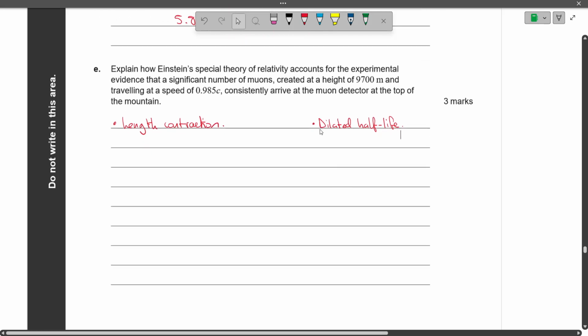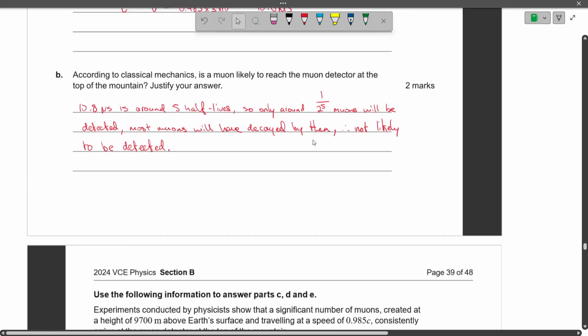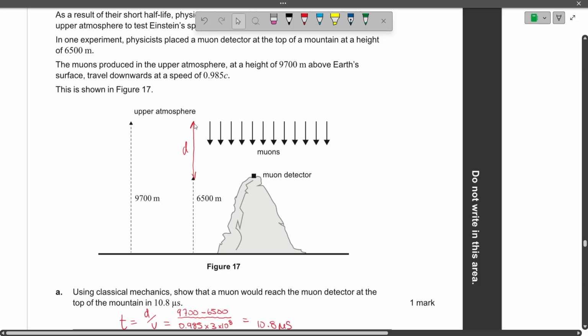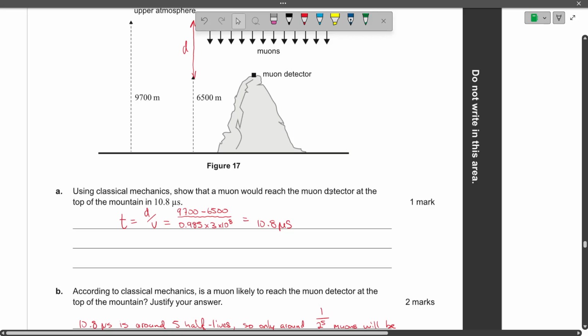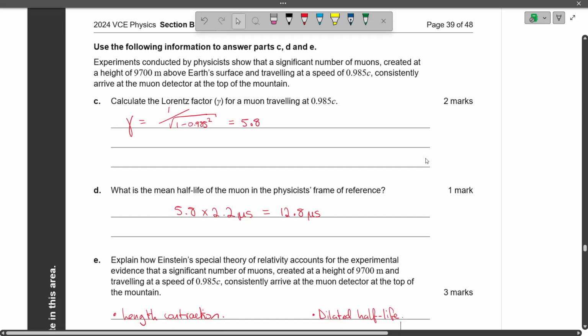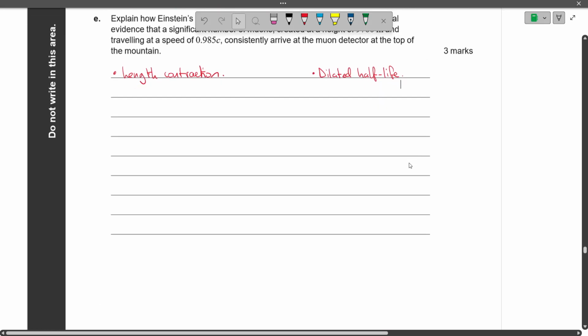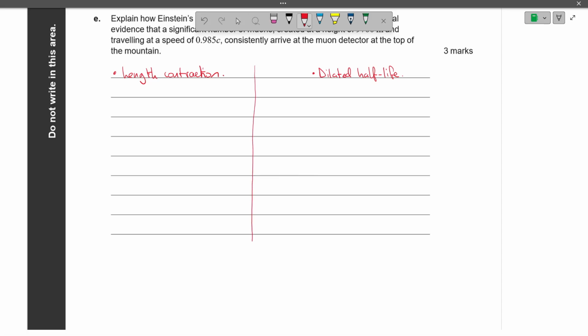And you now say, okay, they still have to travel that distance of 3,200 meters or whatever it is, but they're allowed to live for longer. They don't decay as quickly, so they exist for longer before they decay, and so more of them reach the end. So these are two separate reasons.